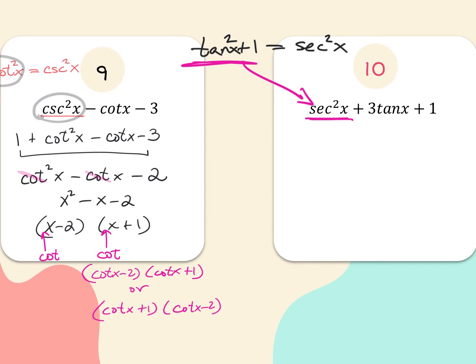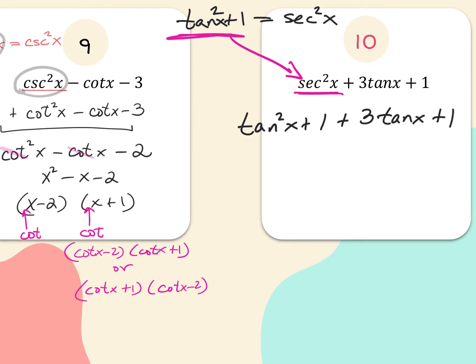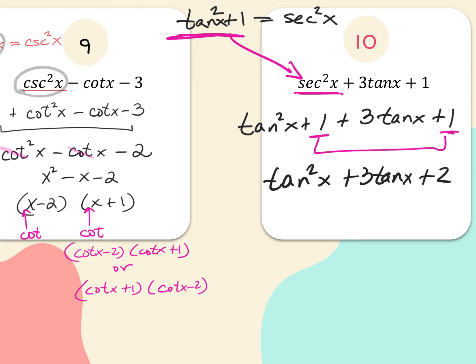So this becomes tangent squared x plus 1 plus 3 tangent x plus 1. I need to combine these like terms and get it in standard form. So tangent squared x plus 3 tangent x plus 2.